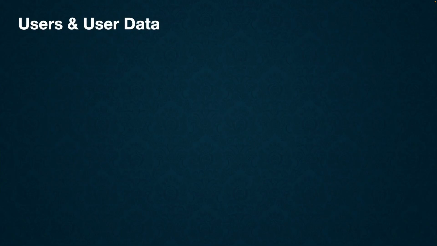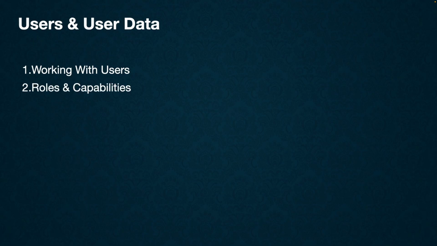Then next part is users and user data. So first of all we will talk about working with users: why users are important in WordPress, how users are managed in WordPress, what roles and capabilities are, and how you will work with them. We will discuss everything in this chapter.